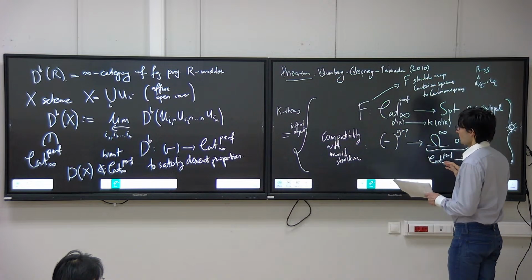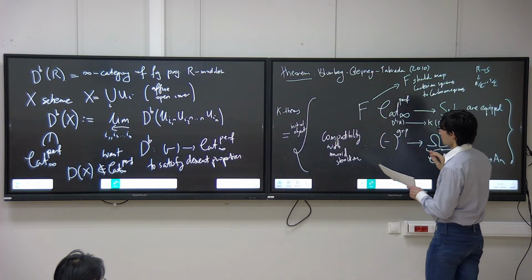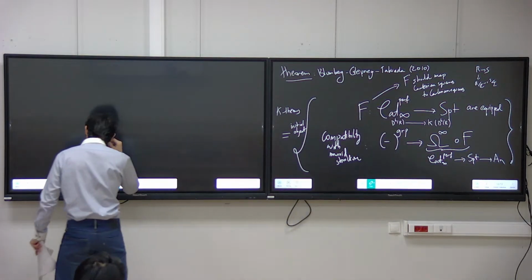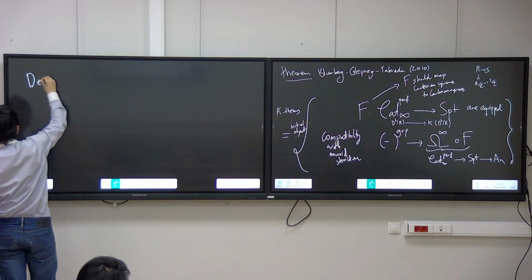Once I have this definition, the theorem is something like this: the definition of K-theory.